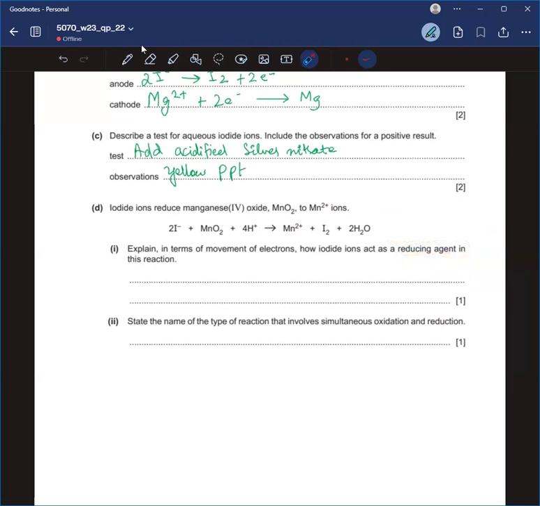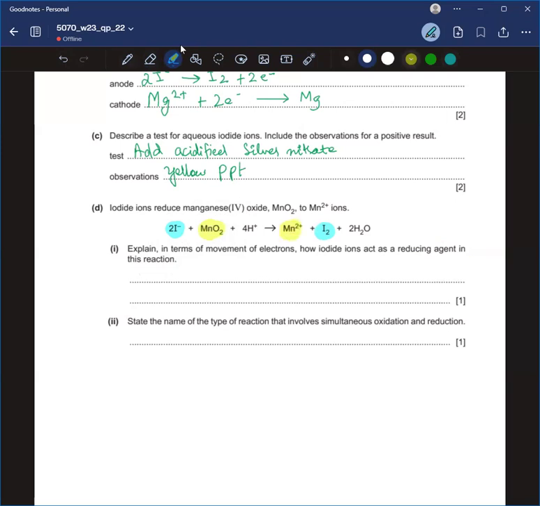Here we can see that they are even telling us that iodide ions reduce. So 2I minus and MnO2, let me highlight. This becomes this.